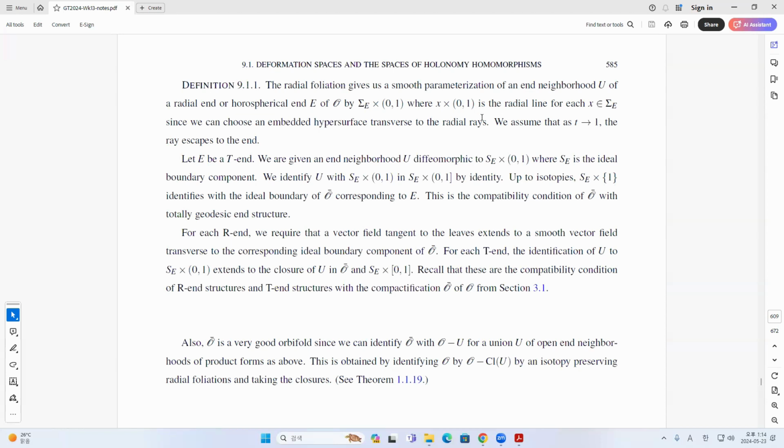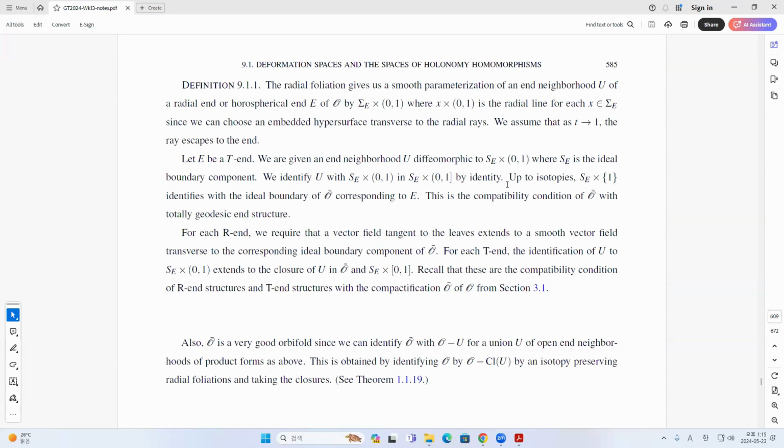So this goes to a radial line for each of those, and as t goes to 1, we escape to the end. And for the T ends, you are given a neighborhood U, where S is the ideal boundary component.